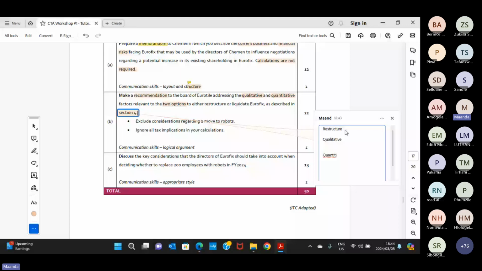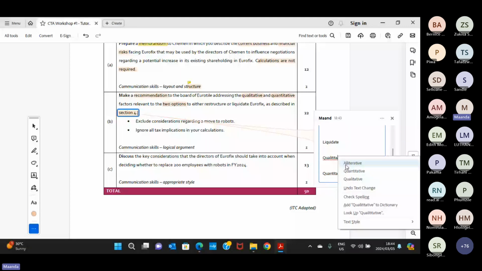Then for liquidating, I need to again touch on the qualitative factors, and also touch on the quantitative factors as well. So I need to touch on these two things.